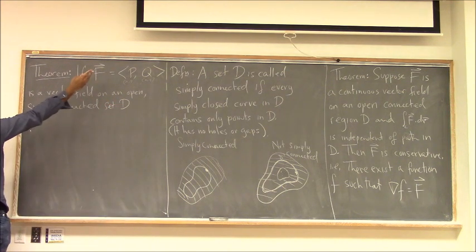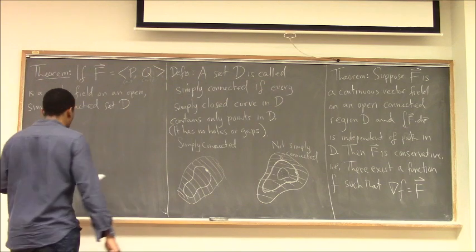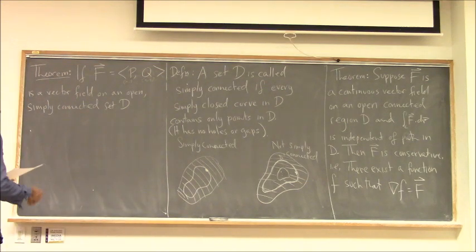So I have some vector field that is a 2-dimensional vector field. It's on an open set that has no gaps, no holes, and it's not in pieces.